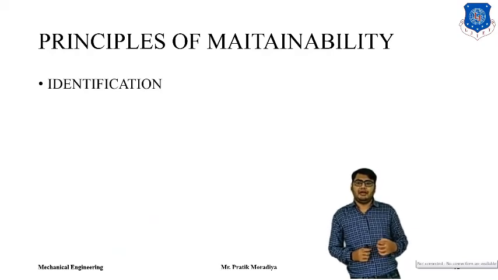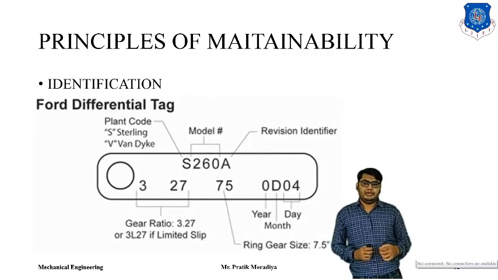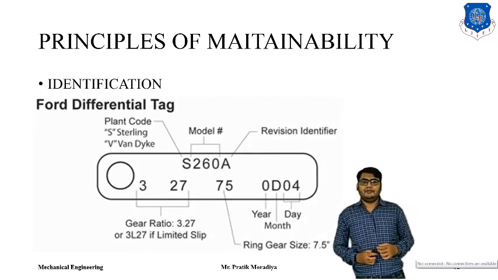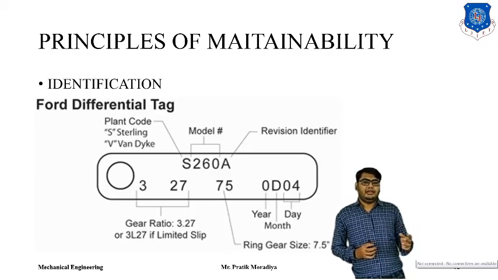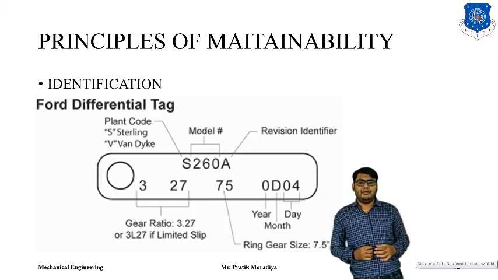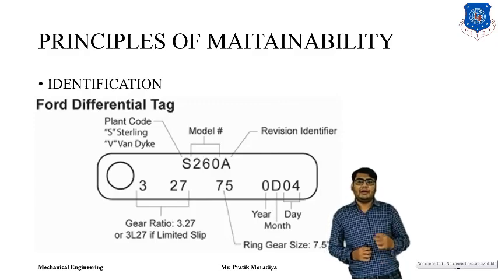Now identification. Again, how to identify the problem. This is an example of identification. For a differential tag, this is basically a coding system which identifies each and every different part, because in a car body there will be multiple parts, and a layman or a simple worker who is not familiar with all the different parts cannot identify what exactly the part is.